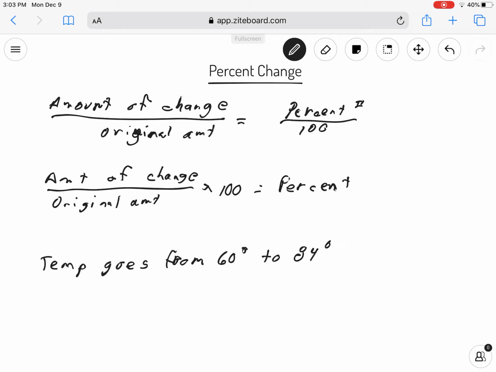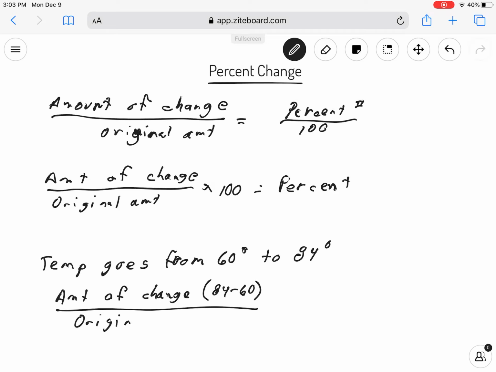So my amount of change is 84 minus 60, and I'm going to put that over the original, which in this case is 60.